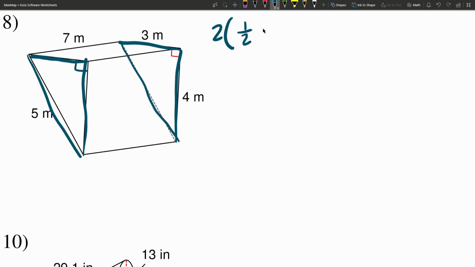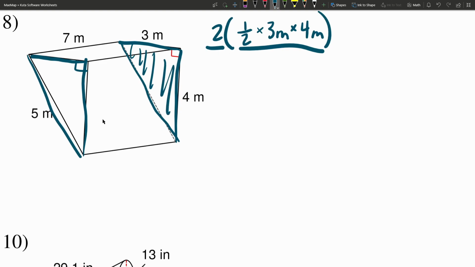So that's going to be 1/2 times the base, which in this case is 3 meters, or we can even see the base is 4 meters. But remember, the multiplication is commutative, so it doesn't matter which one we use as the height or the base. So I'll go ahead and use 3 meters as the base, and that gets multiplied by our height of 4 meters. So this is calculating the area of one base. Multiplying that by 2 calculates the area of both.